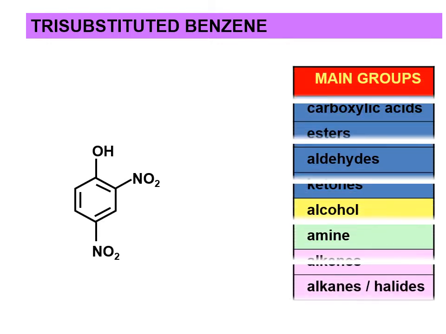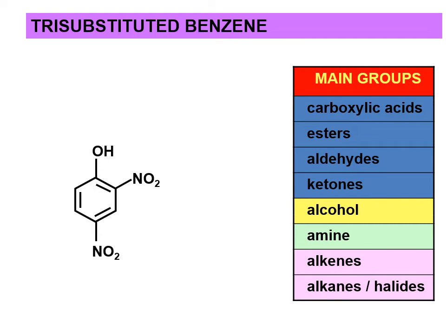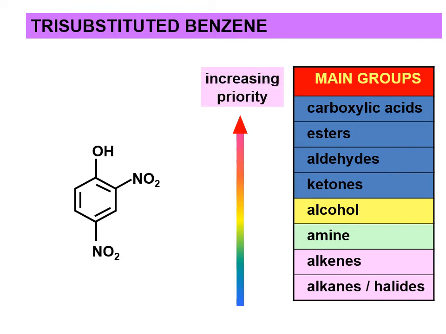So when the trisubstituted benzene has all the substituents different, we always have to go back to the priority table, where the higher-level group will be labeled as carbon 1. So here we have your hydroxyl group, which is at the higher level.